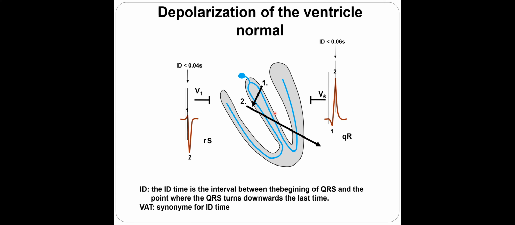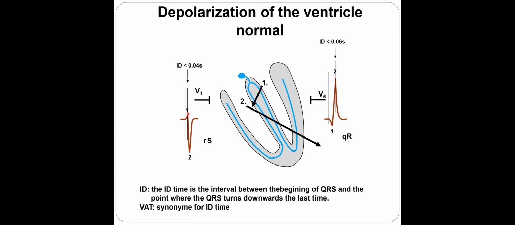Now, one thing that we should introduce, and this is why it's easy to understand, is called the ventricle activation time, or intrinsic deflection, as you learn in physiology. What does it mean?